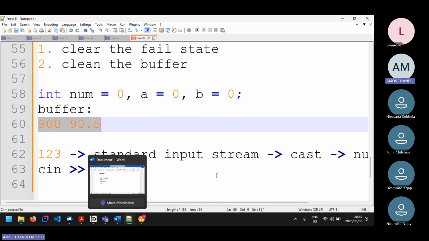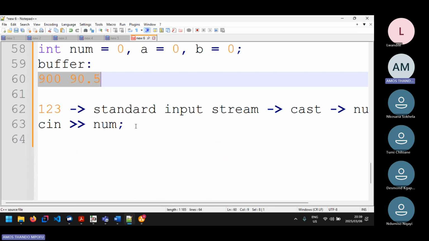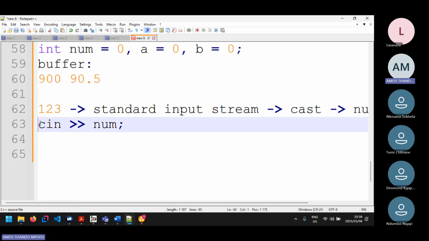So how do you restore? We're talking about how to restore that. Once it's in a failed state, how do you restore it? You simply refer to your input stream. Remember, the problem happened here when I was transferring from my input stream to my variable. So it tried to cast somewhere and then it failed. So I would have to restore my standard input stream, because what enters the fail state is the standard input stream.